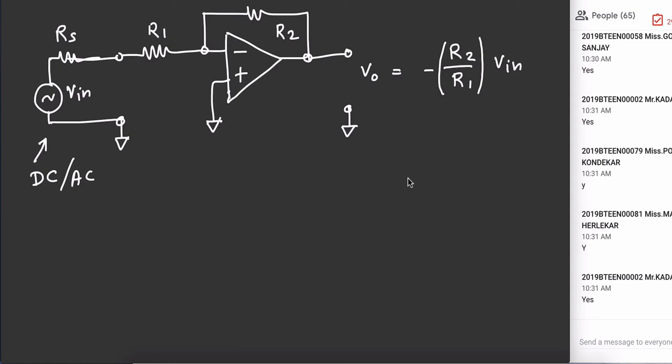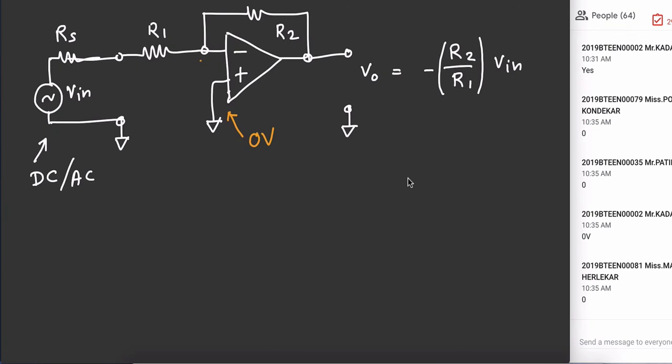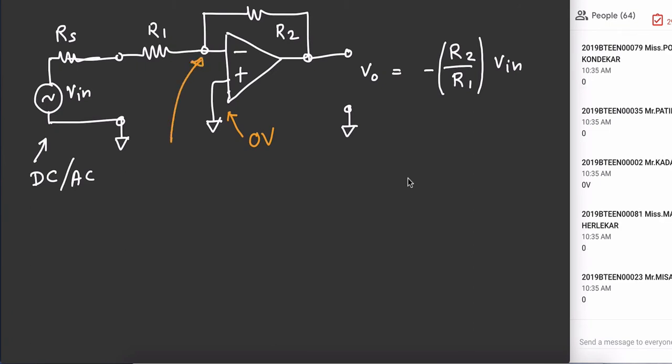Now tell me the voltage at non-inverting terminal. 0 volt. Now tell me the voltage at inverting terminal. Because of the virtual short concept, it will also be 0 volt.